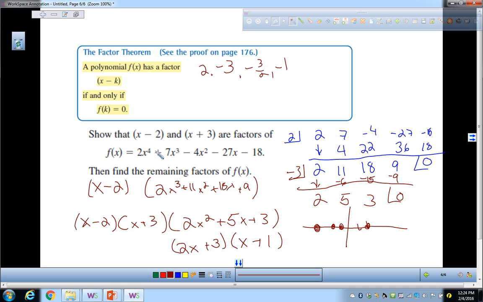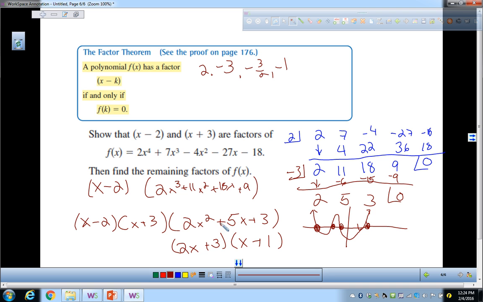I also know, since it's a fourth degree, it looks like a W. And I don't have any double roots, so it starts up, goes like that, and ends up too. So that's what that one would look like.